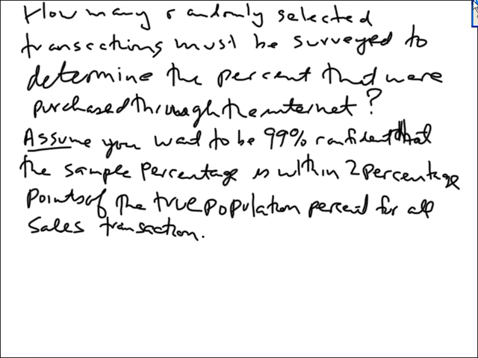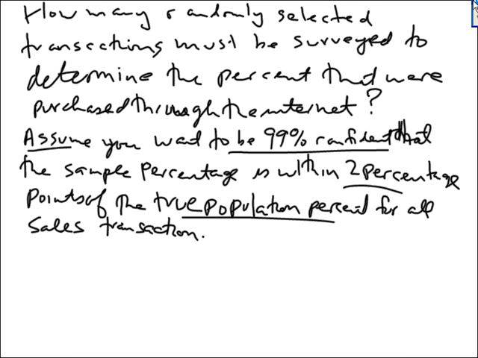If they want to be 99% confident that the sample percentage is within 2% of the true population percent for all transactions. They want to make sure that this sample is really close to the true percentage of people who buy stuff over the internet. They want to be within 2% of that.